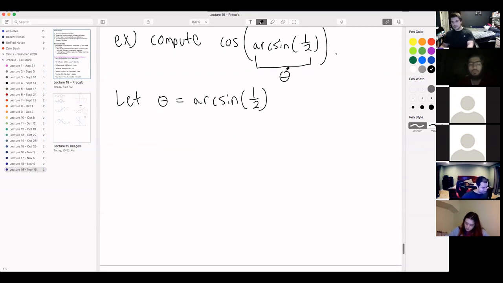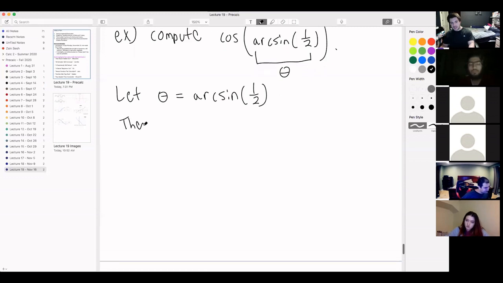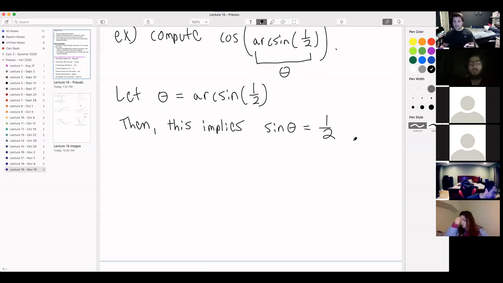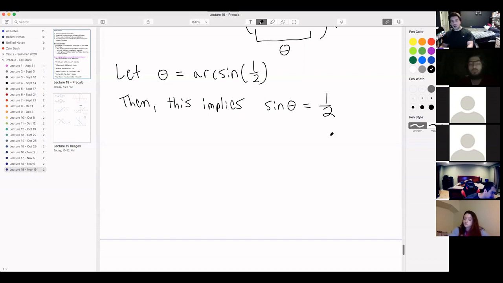Now this implies that sine of theta is 1/2. That's a conversion from arcsine to sine. These are equivalent statements. If theta is arcsine of 1/2, then sine of theta is 1/2. Good, and now you draw a right triangle based off that data.